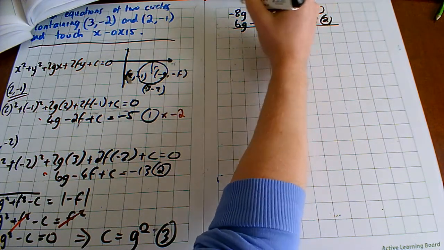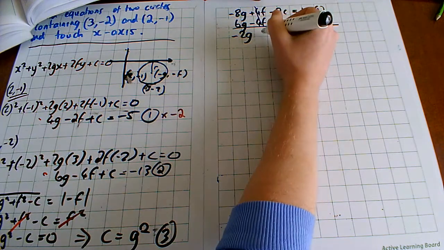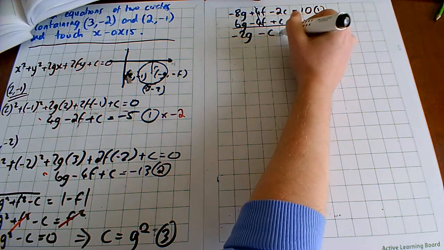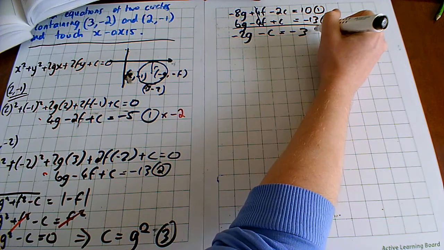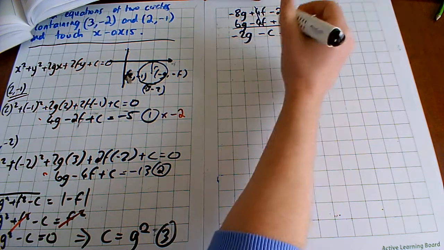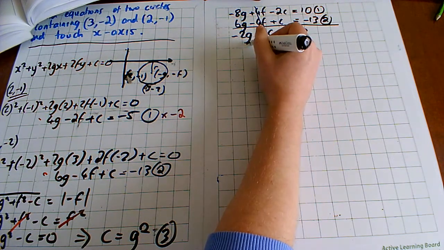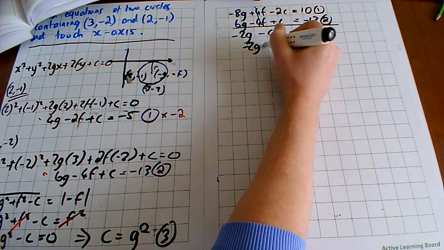I would add them, and I'd end up with minus 2g. Those would cancel. Minus c equals minus 3, and that's what they have in the book. And then I get c on its own. c is equal to minus 2g plus 3.